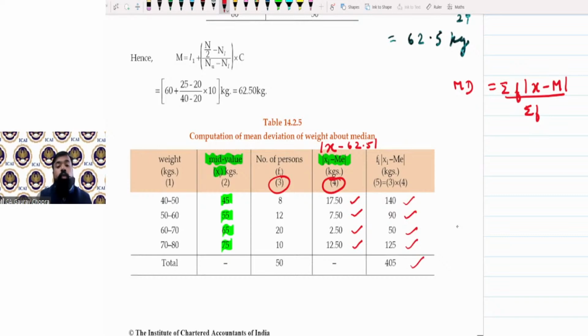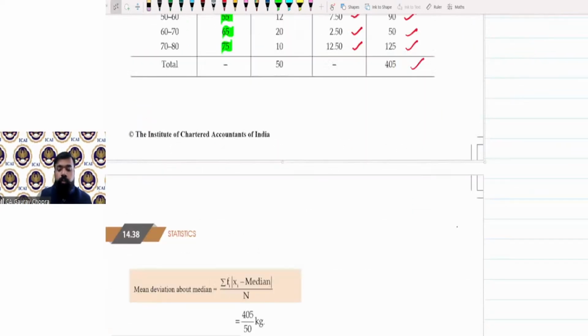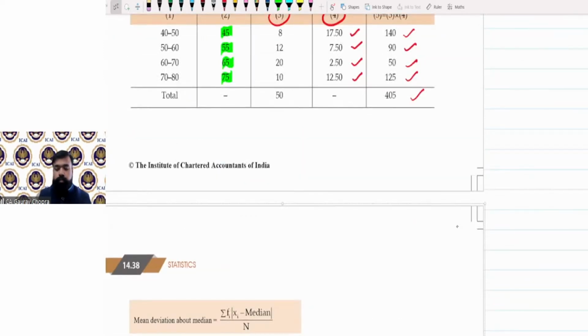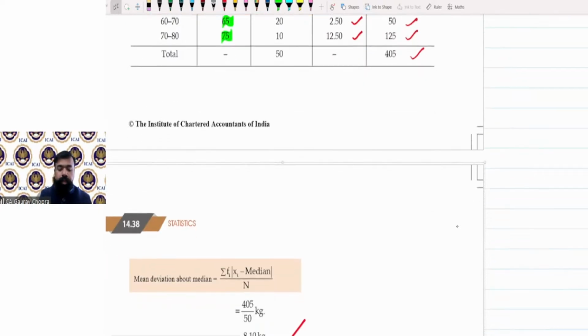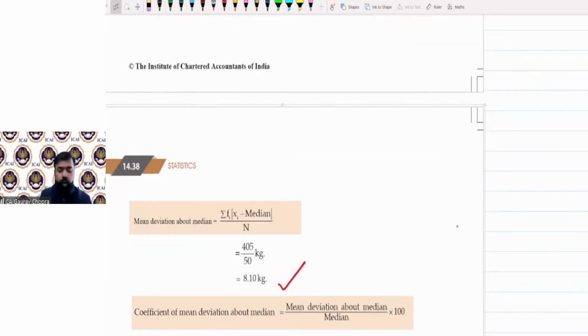Total is 405. 405 divided by sigma f. Sigma f is how much? 50. Sigma f is 50. So therefore we can divide and get the result. 8.10 is the answer. So 8.10 is mean deviation from median.